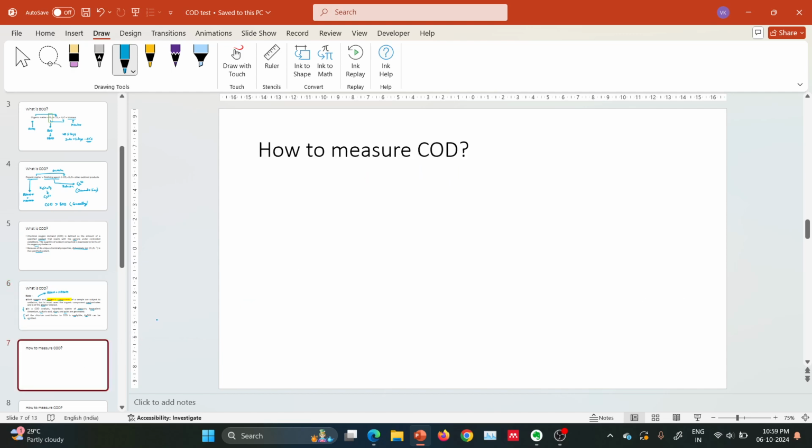How to measure COD. We will take the COD vials. We'll take a 2.5 ml sample for which we need to calculate the COD.